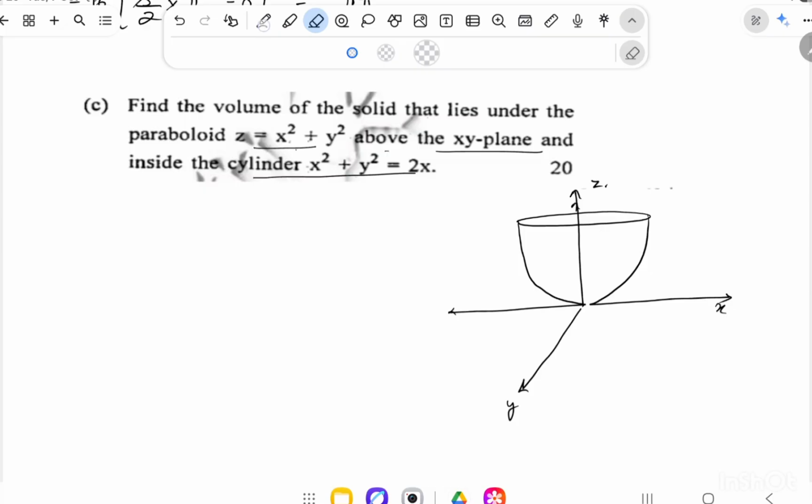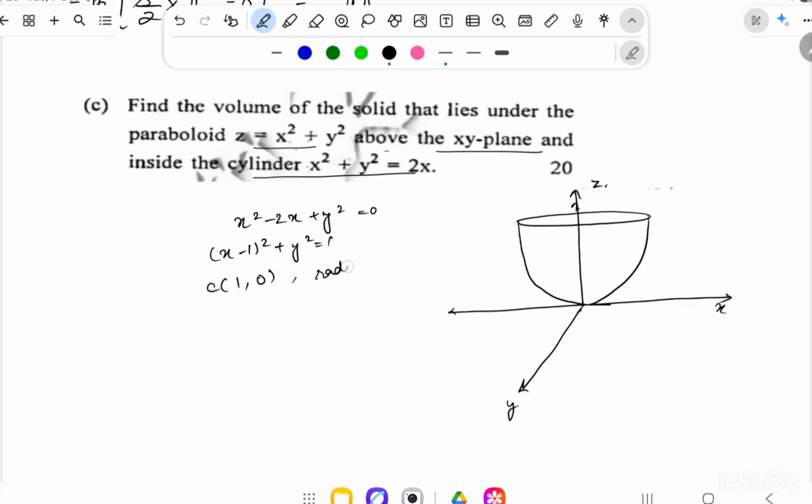If this is our paraboloid, then the equation of the cylinder is x square minus 2x plus y square equals 0, and that is (x minus 1) square plus y square equals 1. So it has center (1, 0) and radius is also 1. So the cylinder will be somewhat like this.